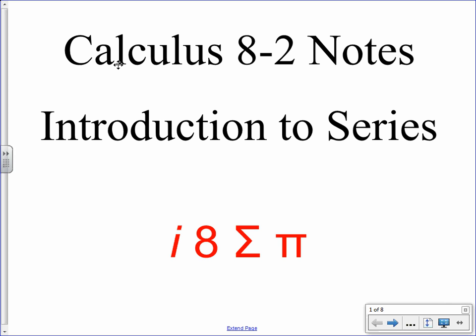Okay, so today we're going to move from sequences to series. What is the difference between a sequence and a series?